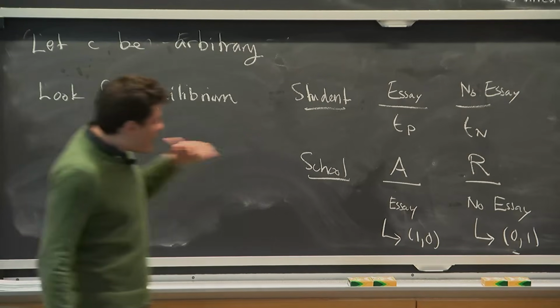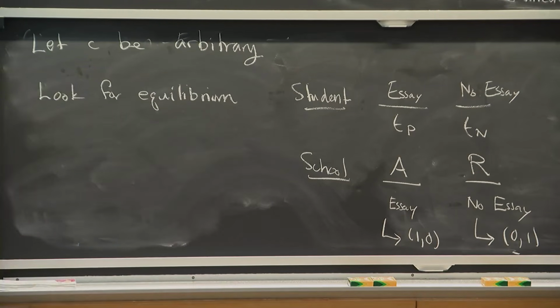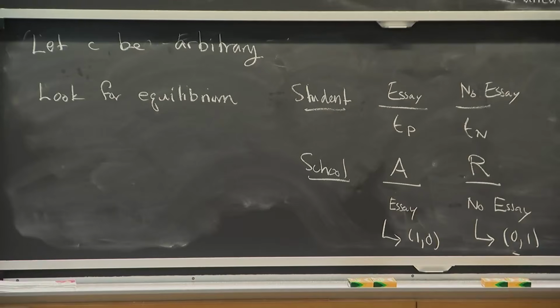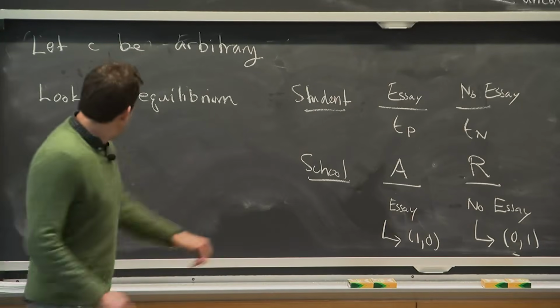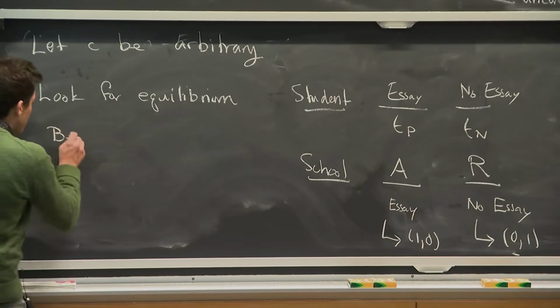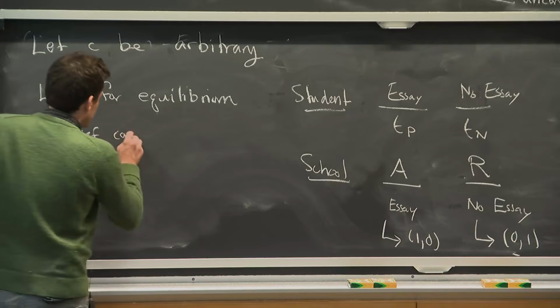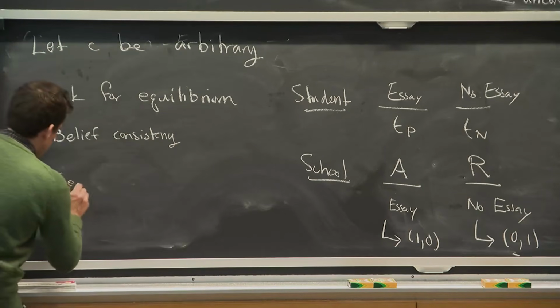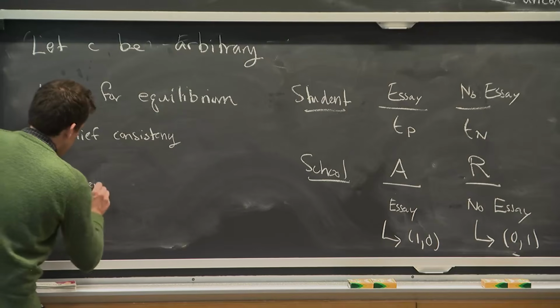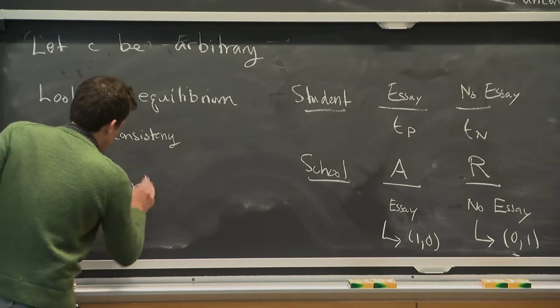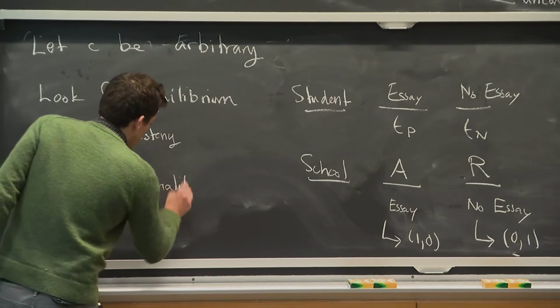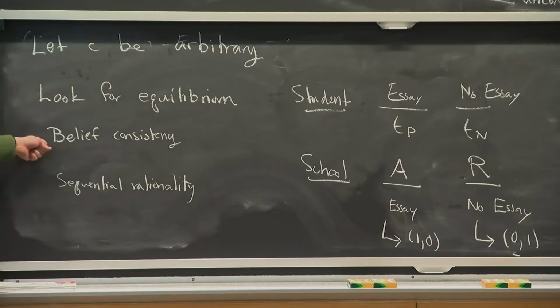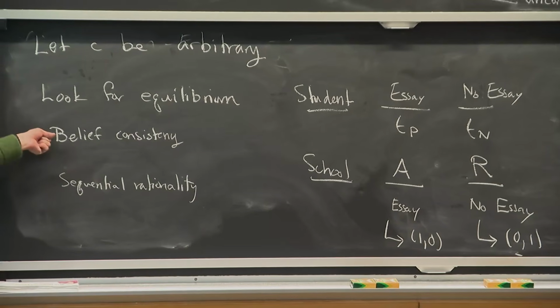So here's our candidate equilibrium. And let's just go through the conditions. I think this is always a good way to check. So does this equilibrium satisfy belief consistency?